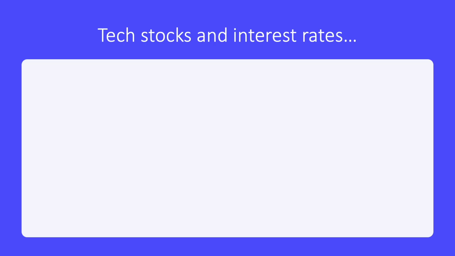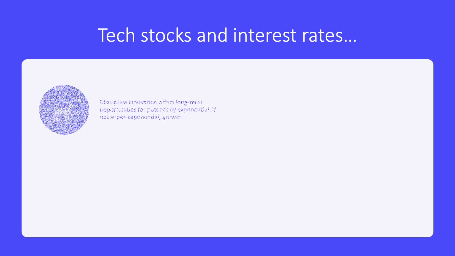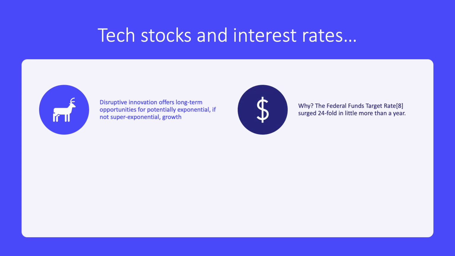I thought it very succinctly pointed to the effect that interest rates have on tech, especially disruptive tech, and their thesis of this opportunity for potentially exponential, if not super exponential growth. Some of that has to do with the interest rates, which surged 24-fold in little more than a year.